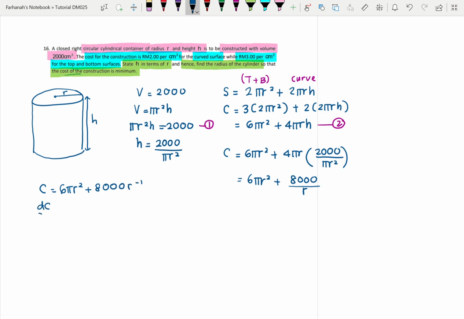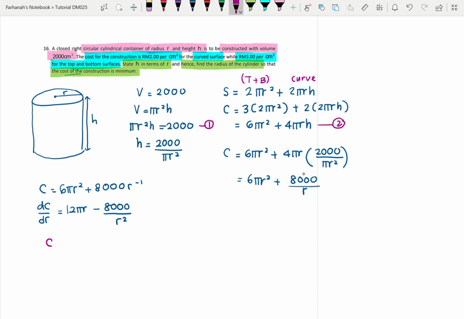So dC over dr equal to 12 pi r minus 8,000 r to the power of negative 2. Sekarang kalau untuk negative 2, saya akan bawa ke bawah, so akan jadi 8,000 over r square. Settle untuk differentiation.